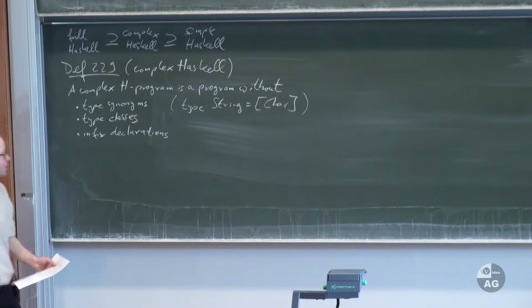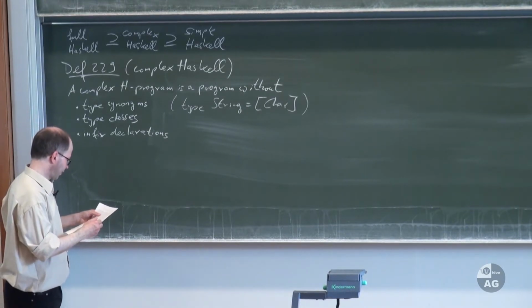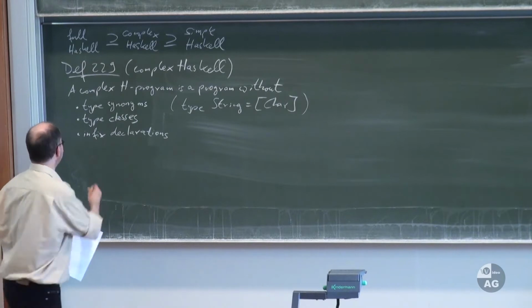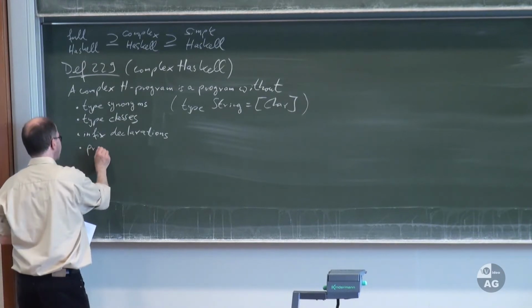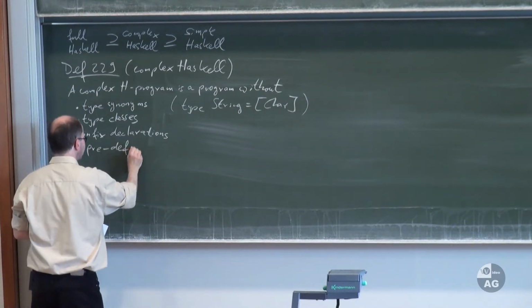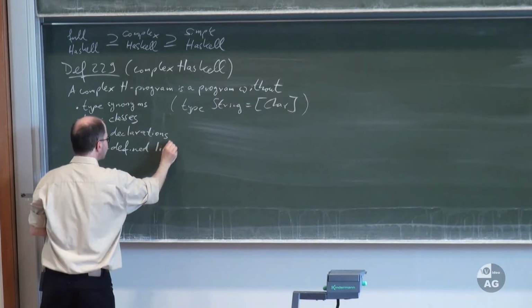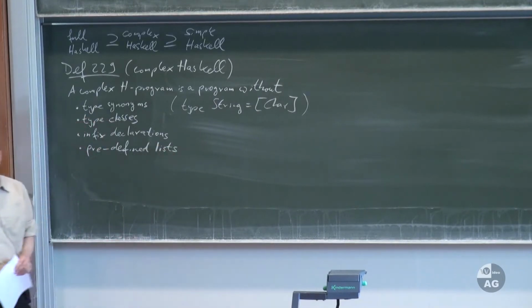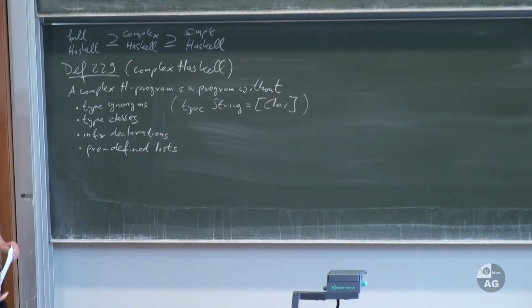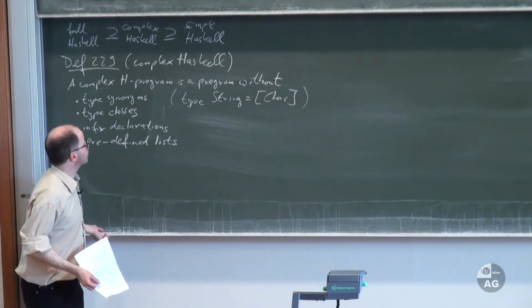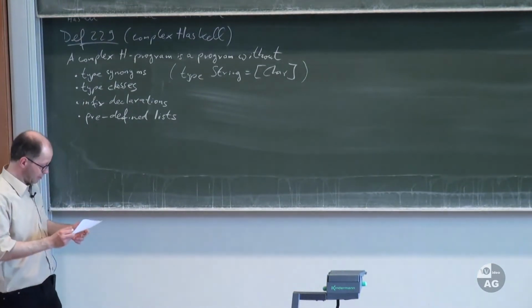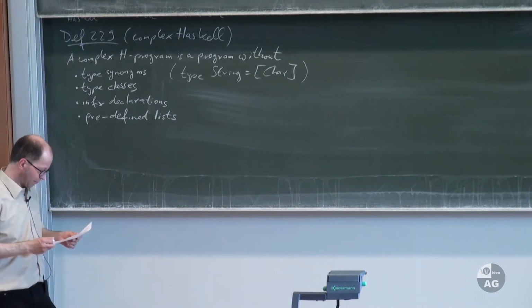And that's, of course, easily possible syntactically. Then we have no predefined lists. That's also no real restriction, because the predefined lists just have a nice syntax, but apart from that, we can define lists ourselves, and then they do exactly the same as the predefined lists. So this is just a nice syntax that we don't have to regard here.